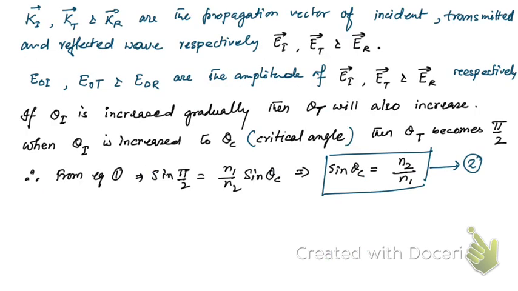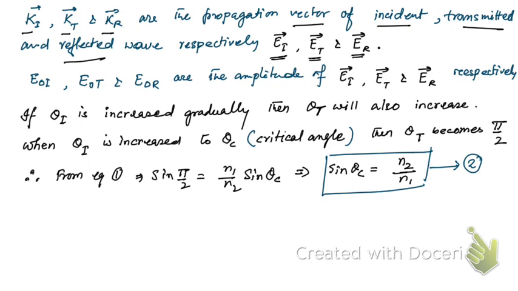Here you see, Ki, Kt, Kr are the propagation vectors of the incident, transmitted and reflected waves respectively, which are nothing but Ei, Et, Er.